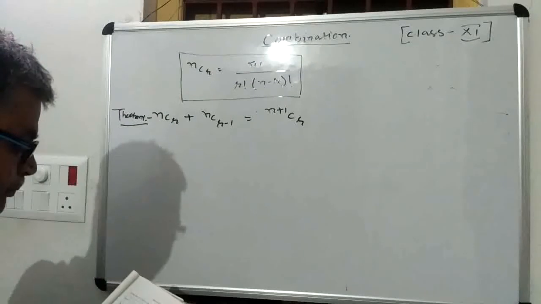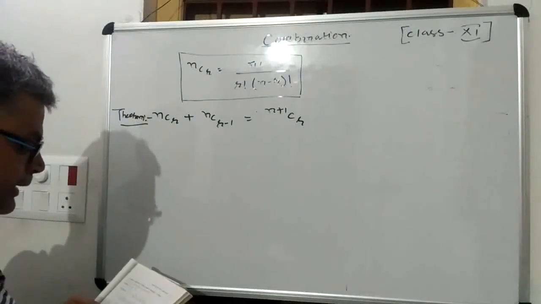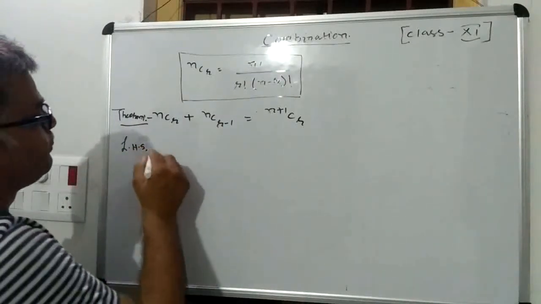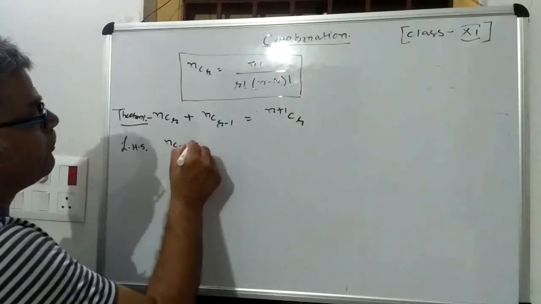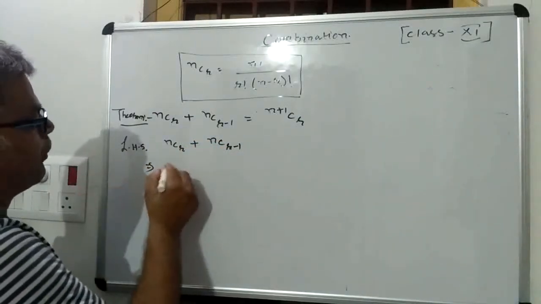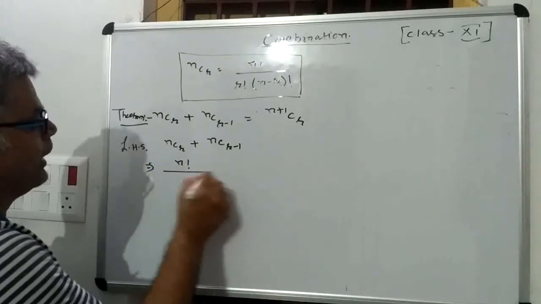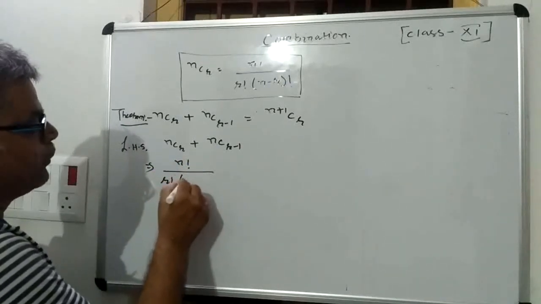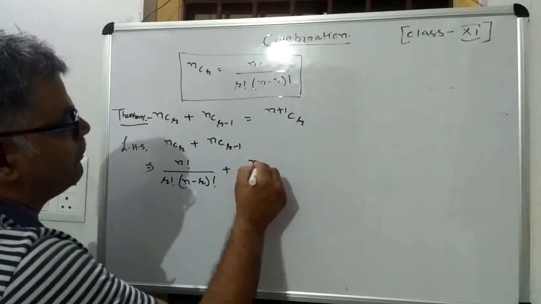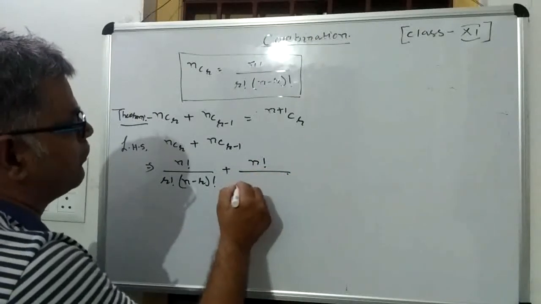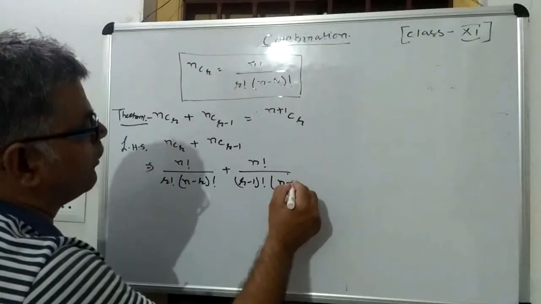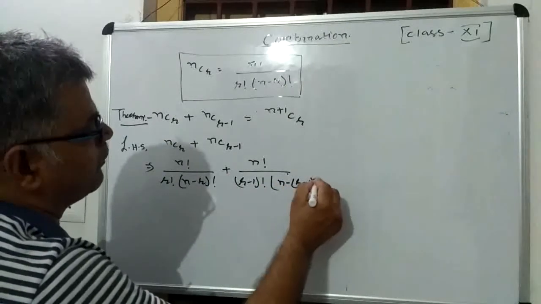Now let's see. First we take the LHS part. When we take the LHS part, we have nCr plus nC(r minus 1). As you know by the formula, nCr is equal to factorial n by factorial r into factorial n minus r. Plus similarly, this will also be factorial n by factorial r minus 1 into factorial n minus (r minus 1).